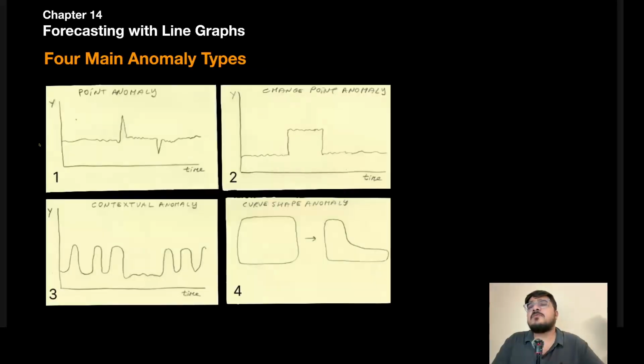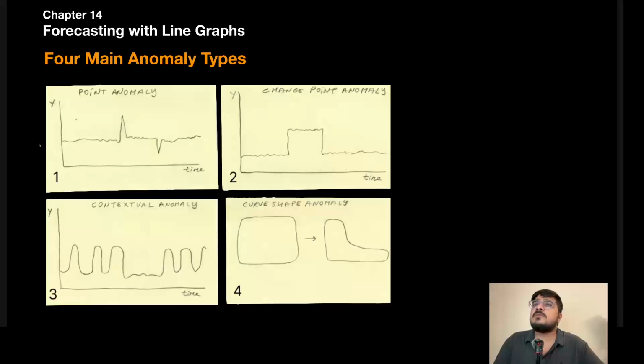Then there are four types of anomaly. If you see the point anomaly, the change of pattern occurs at a particular point. Then the second, the change point anomaly, has like 3 or 4 points, so it is changing from point to point to point.